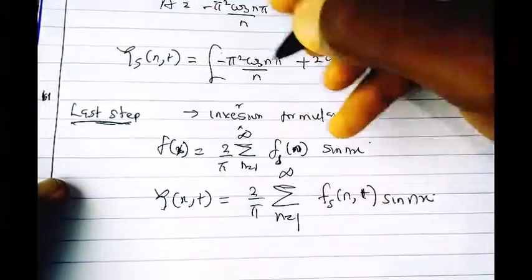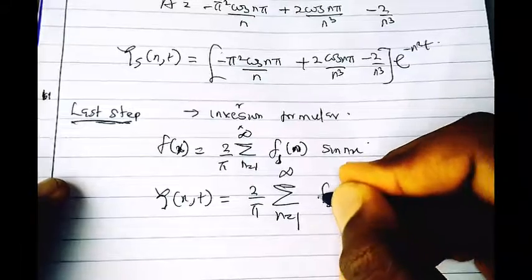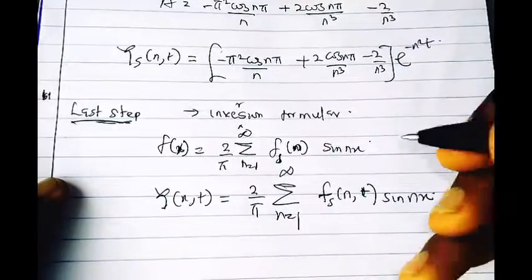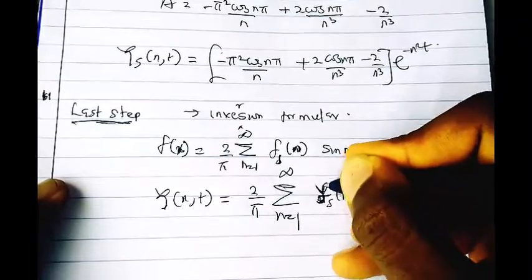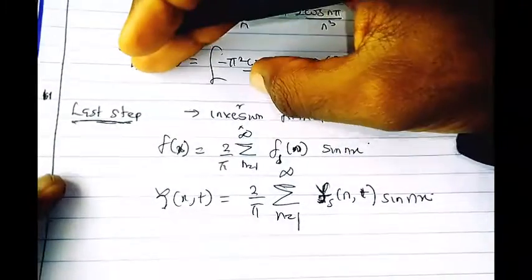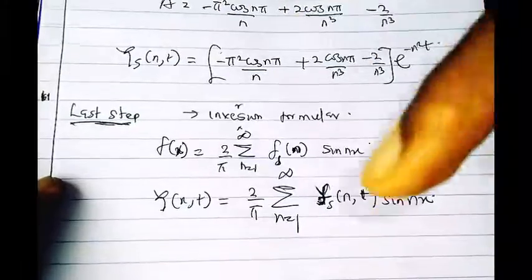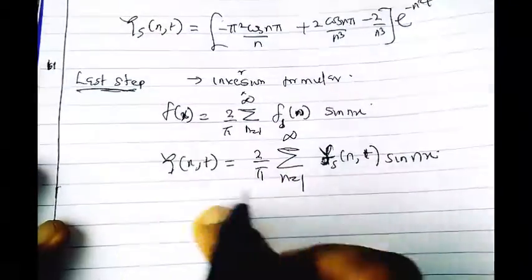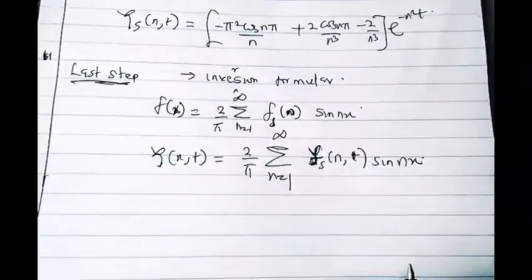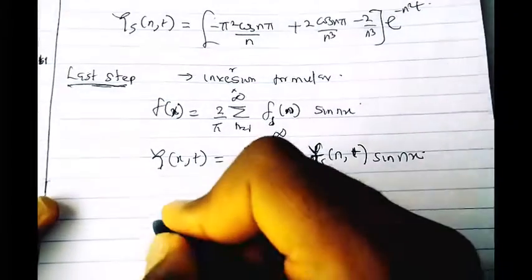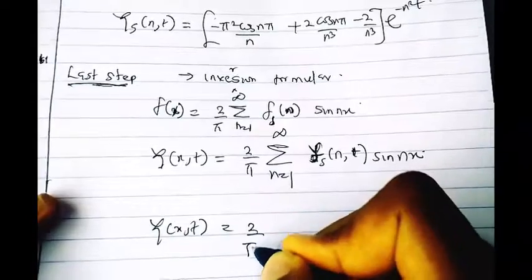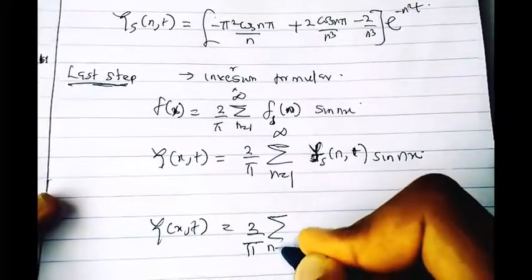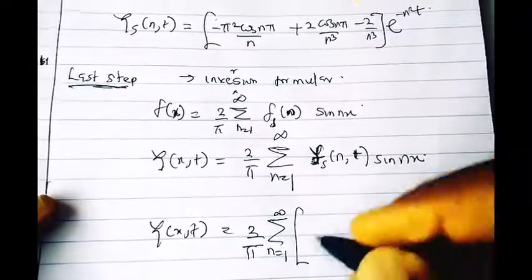So I said this dependent variable is a function of y, not f, so we just change it to y for uniformity. Since I've gotten the value for my finite sine transform, I substitute it back here to get the solution to the PDE. So I'm left with y is a function of x and t is equal to 2 over pi summation n equal to 1 to infinity.